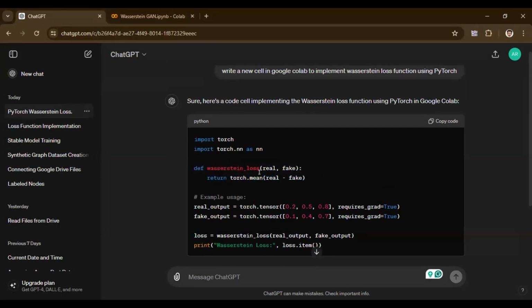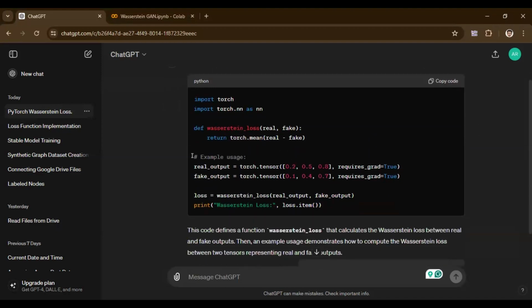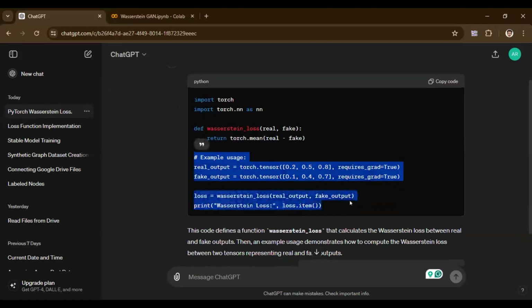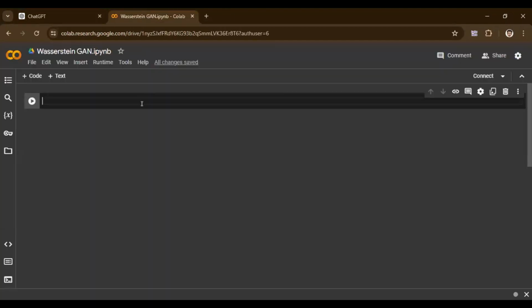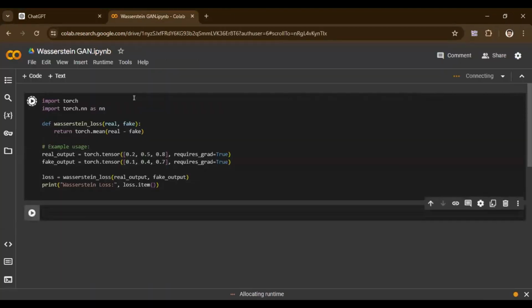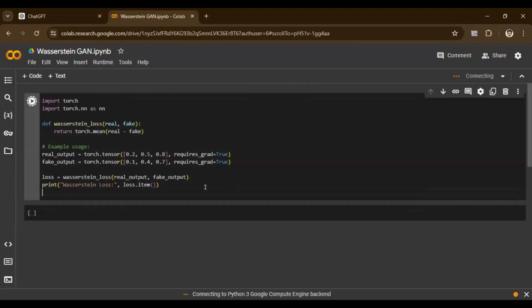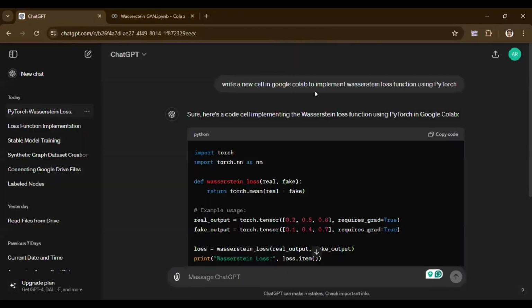It is the mean of the real data minus the fake data. It's giving us some examples to use. Let's try and copy this code into Google Colab. It's still connecting to the server, and I will copy this prompt first.